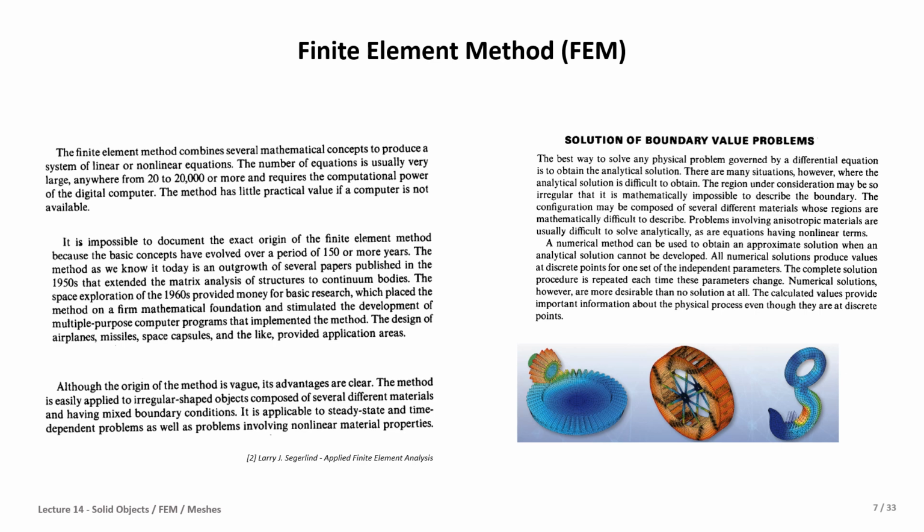So sometimes in solid objects we have different materials; the composite material is an example. So we have different material properties in the domain, and it will be difficult to describe the boundary for this type of problem. Problems involving anisotropic materials are usually difficult to solve analytically, as are equations having nonlinear terms.